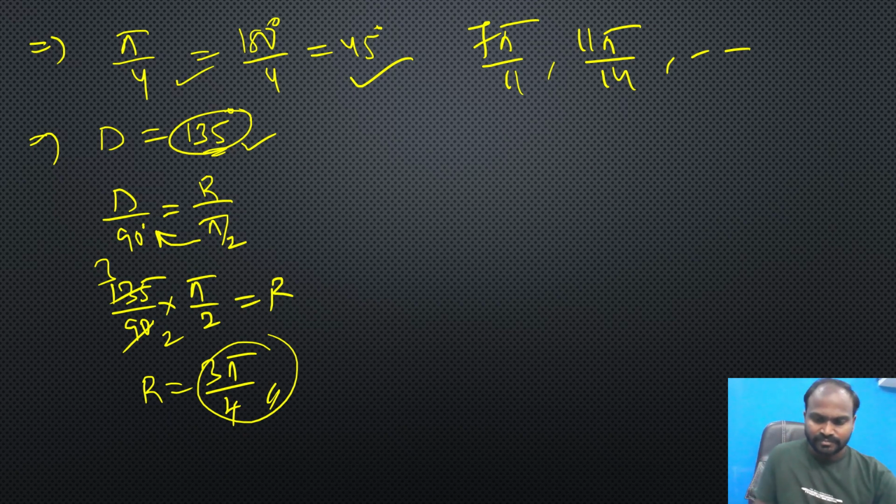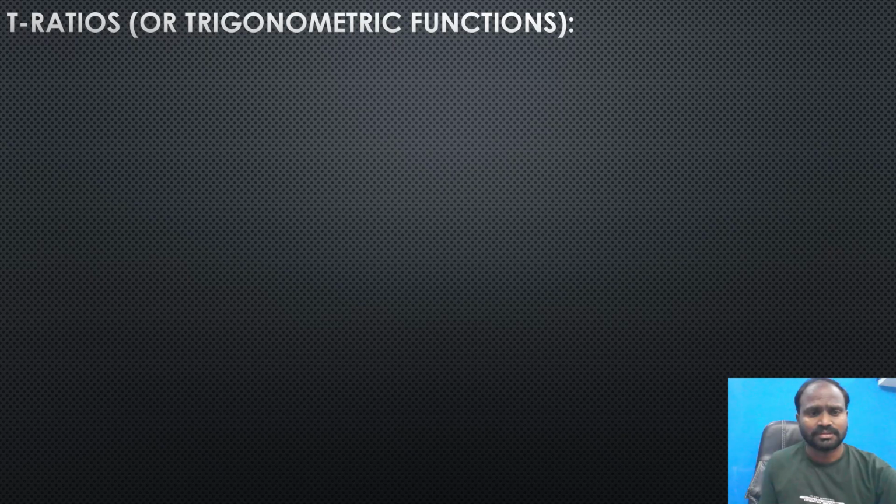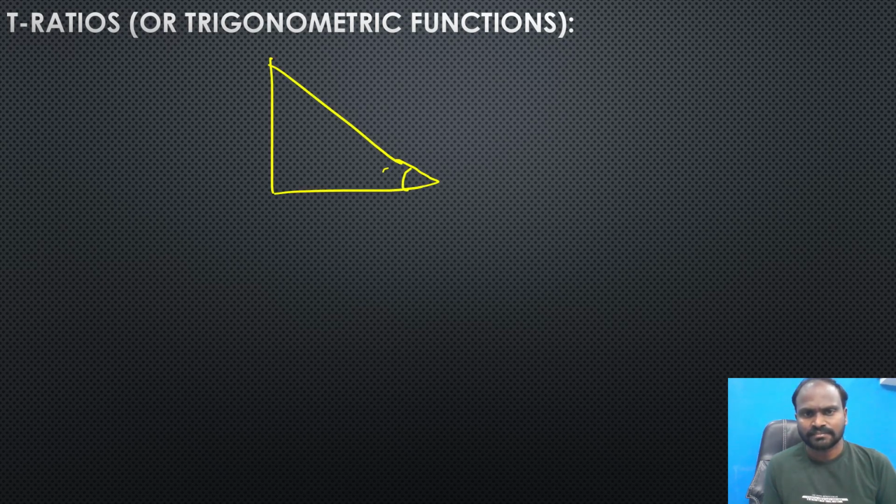The next important topic is trigonometric ratios, or trigonometric functions. To discuss trigonometric ratios, we always take a right angle triangle ABC. The side opposite to the angle is called the opposite side, the side adjacent to the angle is called the adjacent side, and the side opposite to the right angle is called the hypotenuse.